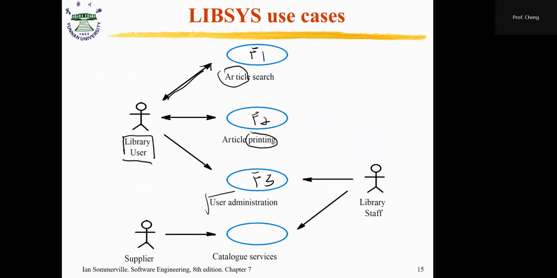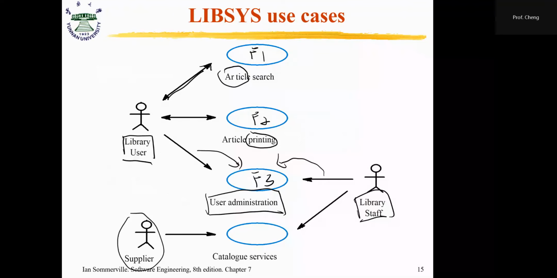Okay, everyone check this one. User administration. This is function 3, F3. So you can see both laboratory user and laboratory staff can use the F3 function. That is user administrator. And the database, like the article database. So they can provide article for the laboratory system. This is a simple structure of UC.